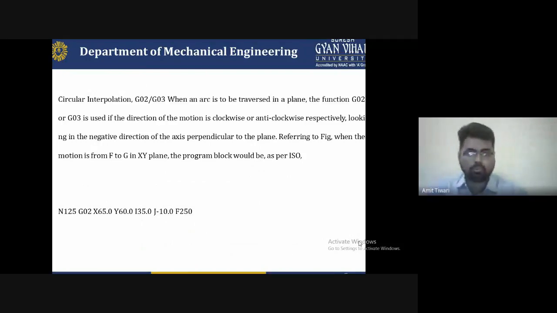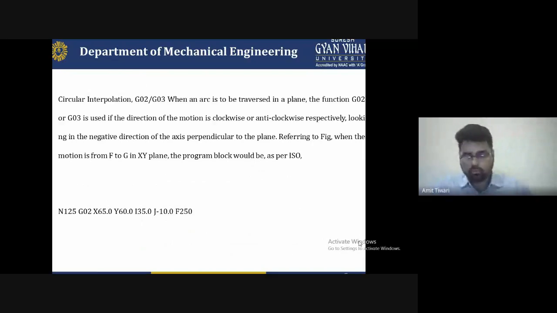The block is N125, that is the block number. G02 is the code used for circular interpolation. The X axis is 65, the Y axis is 60.0, I is 135.0, J is 10.0, and F is 250.